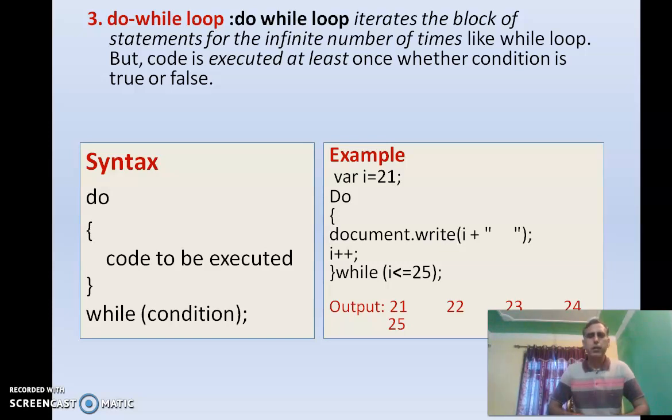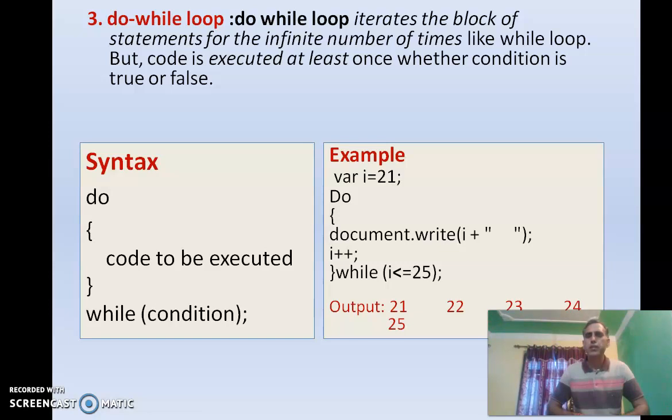Here you can see the condition statement is at the end of the loop. First the control enters the loop, then after executing the body of the loop, the condition is checked. If the condition is true, then the body of the loop is executed again.